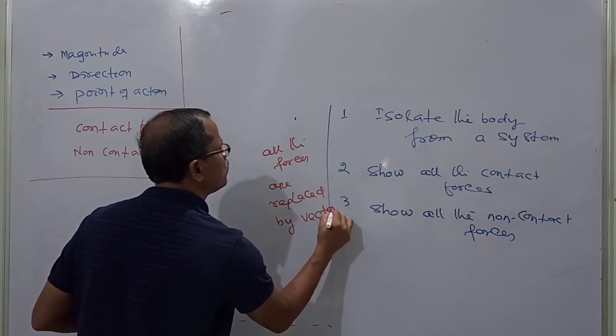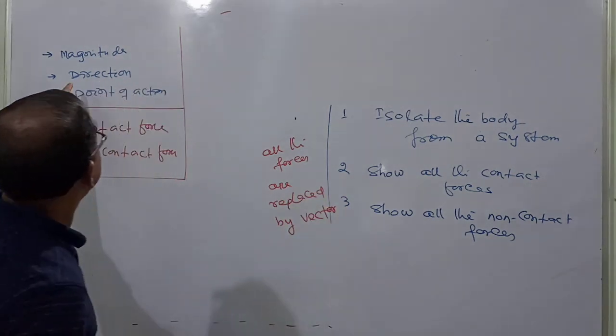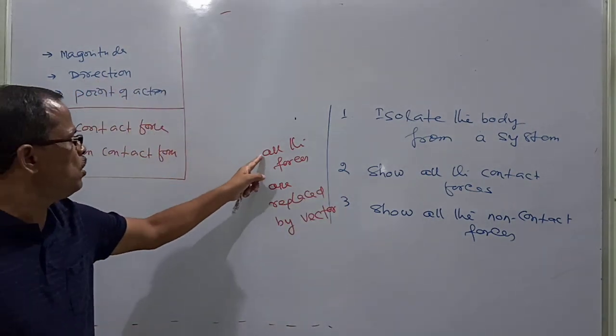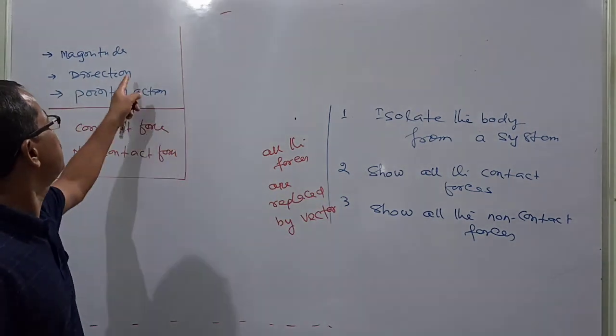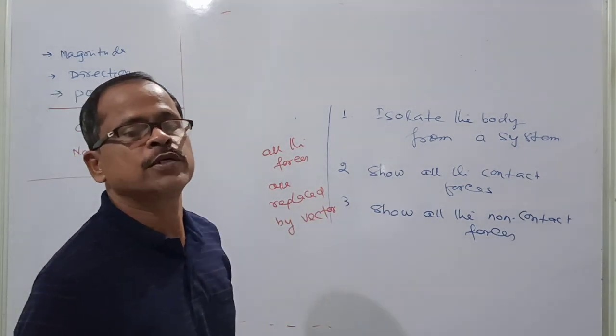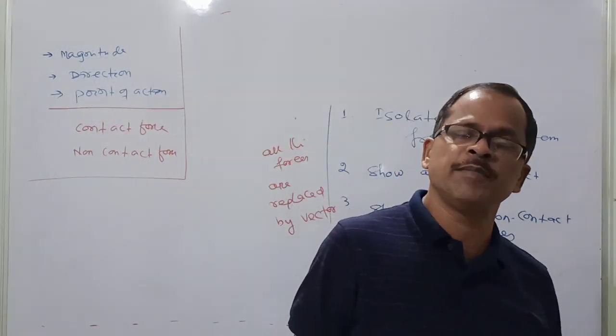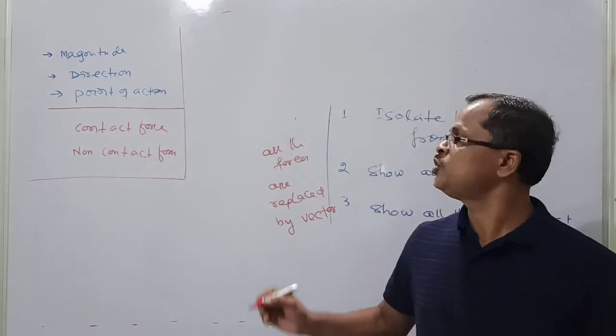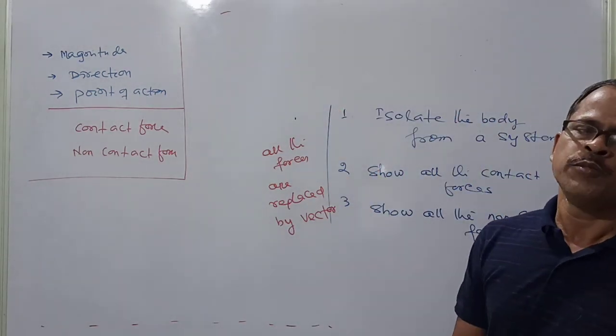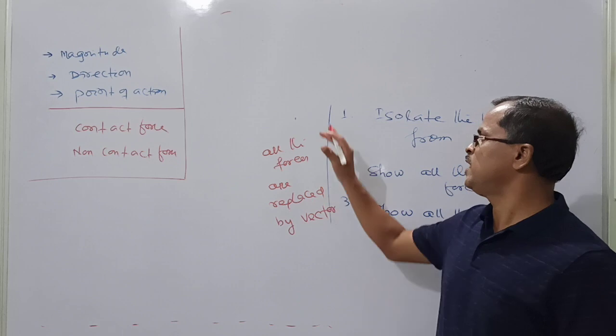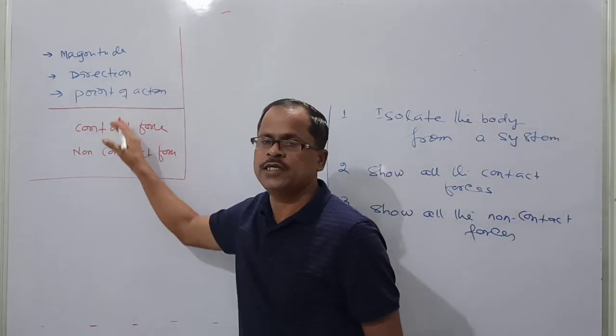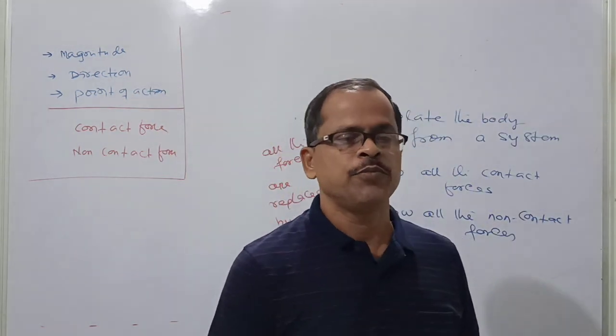Vectors means arrows. The direction is important, as I told you, which is why all the forces are replaced by vectors. These vectors represent the contact forces and non-contact forces as arrows. Now this is all about the steps before the free body diagram. These are the understandings required to draw a free body diagram.